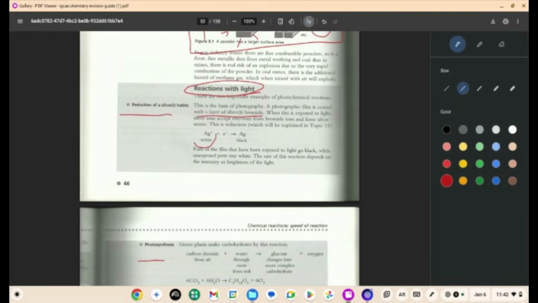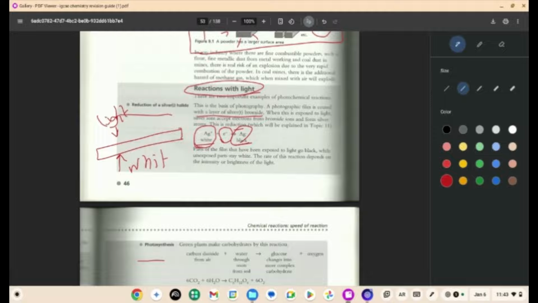The silver will accept an electron from the bromide. It's a reduction reaction. When it accepts this electron from the bromide, it will change from white to black. So the layer of the silver halide that faces the light, for example, this is the light, will change from white to black, and the other layer will be white.